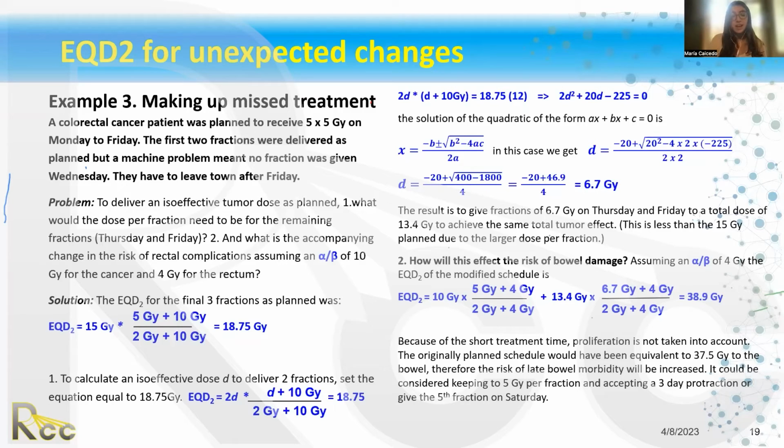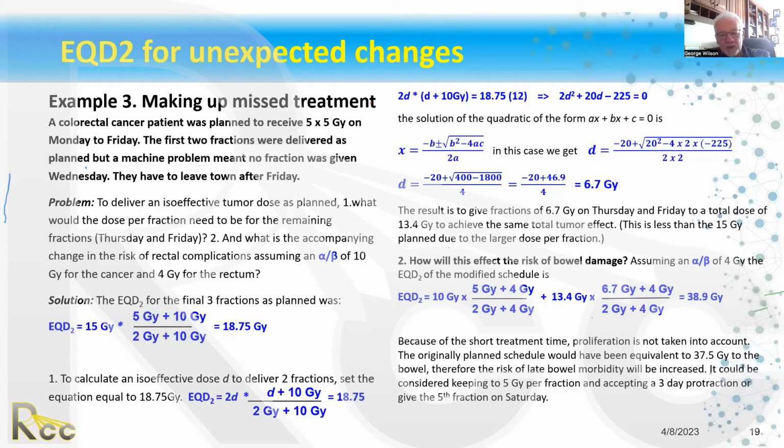So I think this is something that we actually encounter. So it's amazing that you show that EQD2 can help us to understand what may happen if we increase the dose per fraction or if we have those delays. So I think that's something that we do find in daily practice.